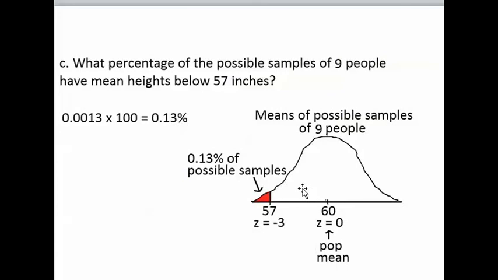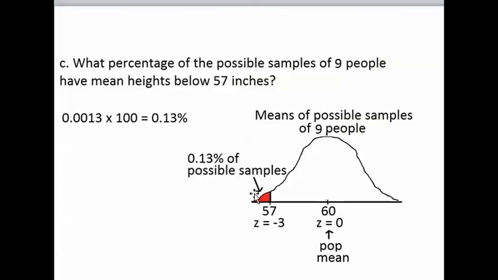So what we've just found out is that when we randomly select that sample of 9 people from the population, 0.13% of the possible samples would give us a sample mean way down here below 57. And since 0.13% of the possible samples are in this area, we have a 0.0013 probability of getting a sample mean in this area down here below 57.